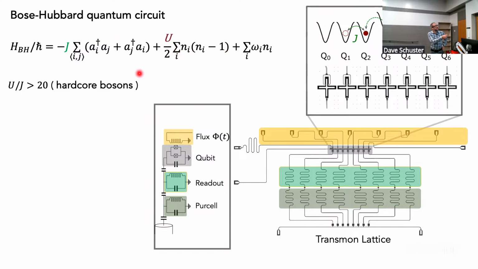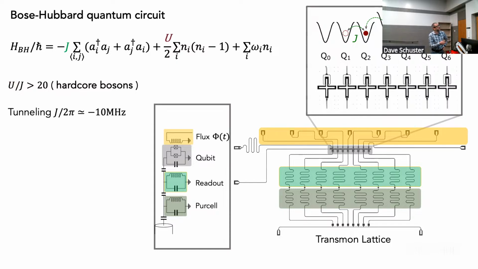We want to study many-body physics, so we would really like to have a significant interaction. It doesn't have to actually be bigger than J, but in our case, for all the stuff I'm telling you, it is. So we have very strong interactions. It's actually quite interesting in the more intermediate regime, which is very hard to understand and so interesting to look at as well.